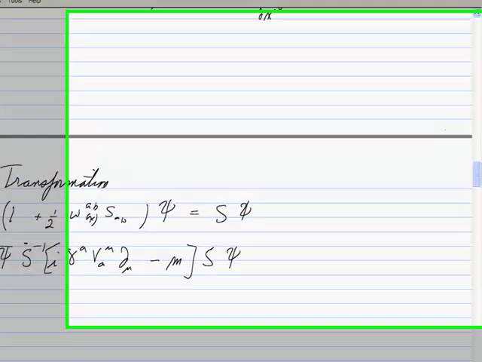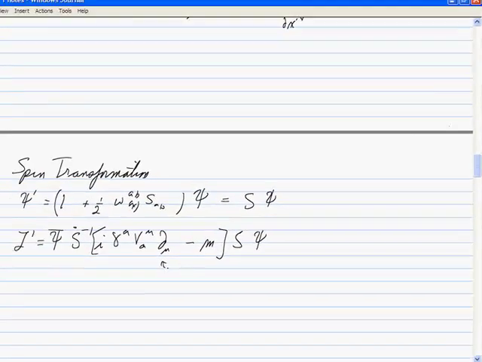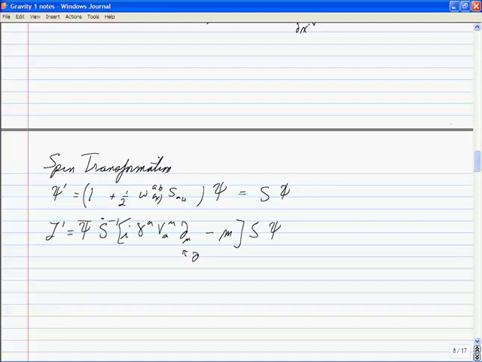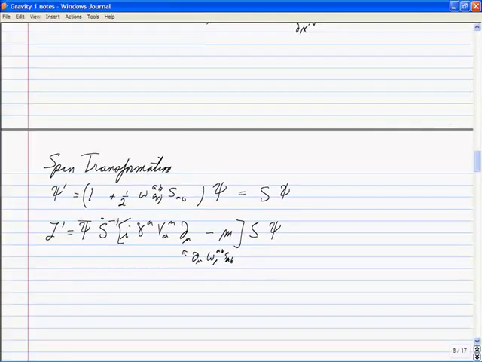So the mass piece is invariant, but the derivative piece now is not going to be invariant. There's going to be a derivative on omega_mu^AB S_AB. That's not going to be invariant.